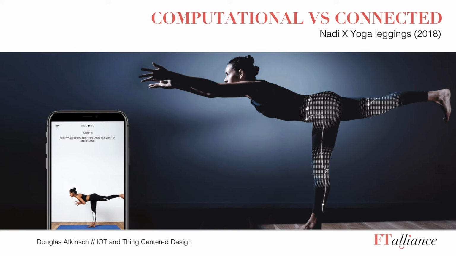So in theory, you should be able to assume a perfect yoga pose without an in-person teacher there to correct your form. These work using accelerometers to measure your movement and your position, and vibrotactile motors embedded in the garment. And these are all connected to your mobile phone, which will do the majority of the processing to understand what it's reading and to give you tips and feedback on form.